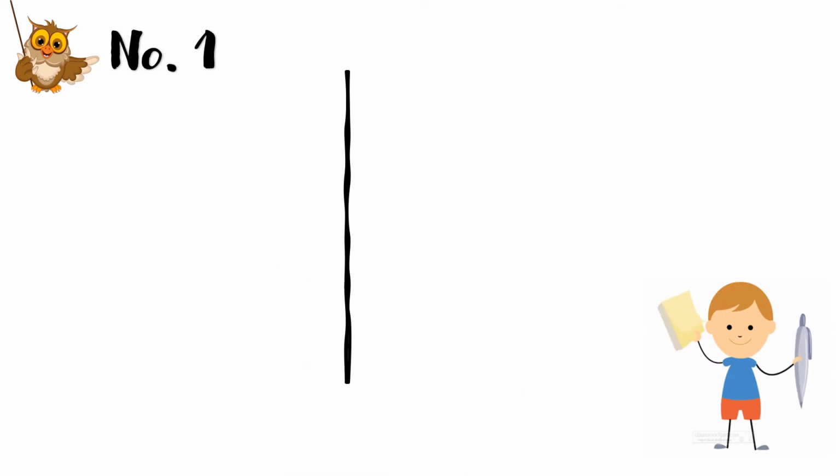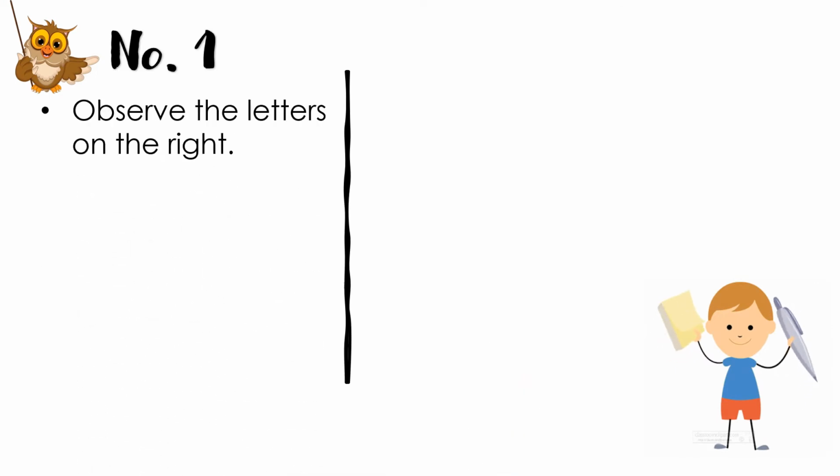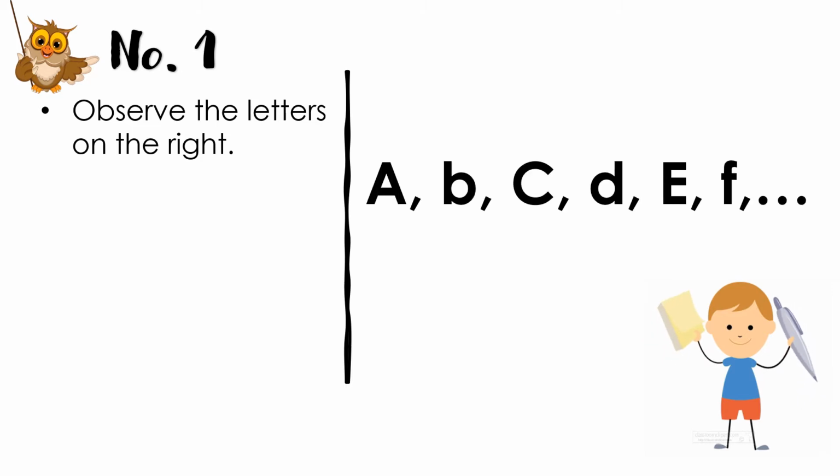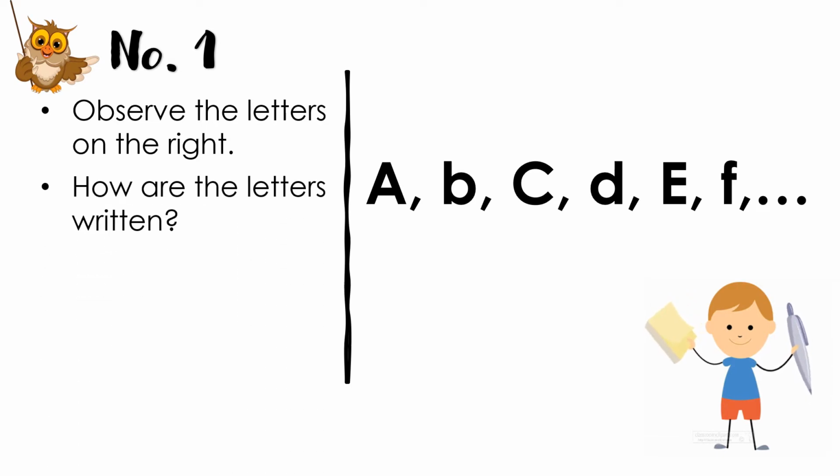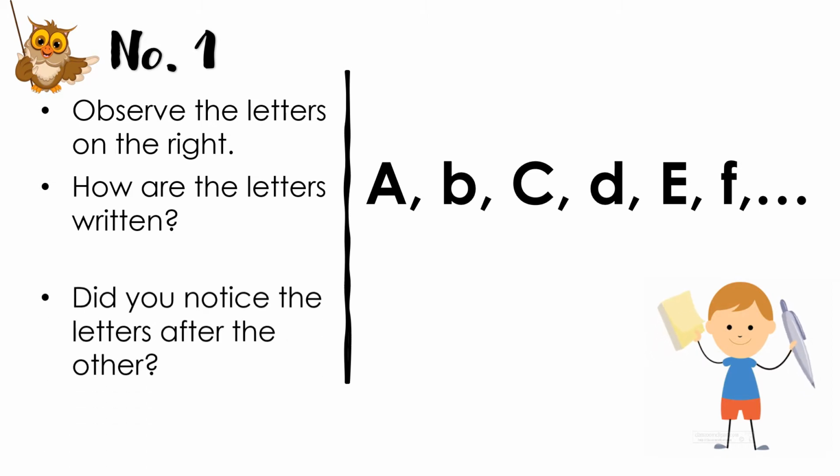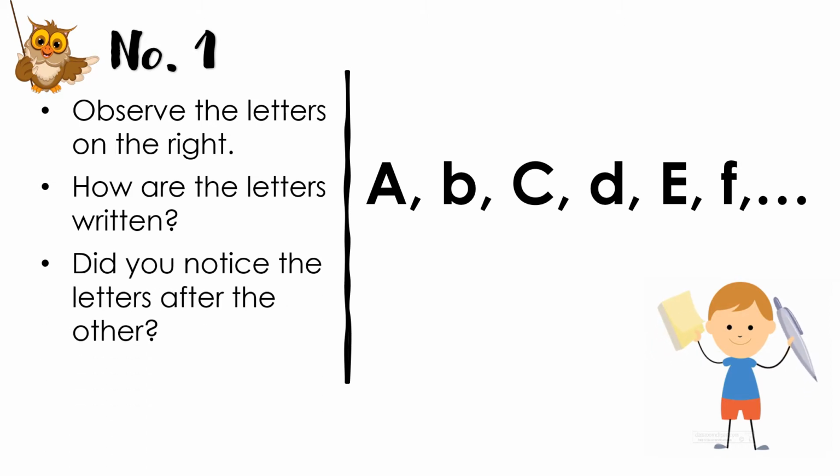Number 1. Observe the letters on the right. How are the letters written? Do you have answers in mind? Write your answers on your notebook. Did you notice the letters after the other?